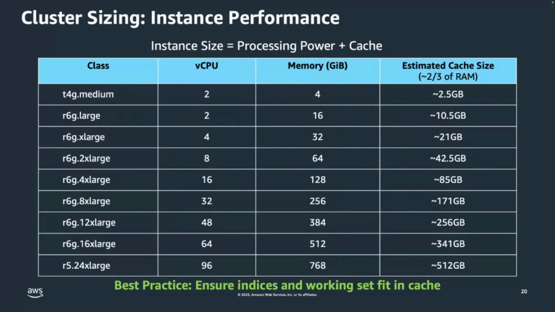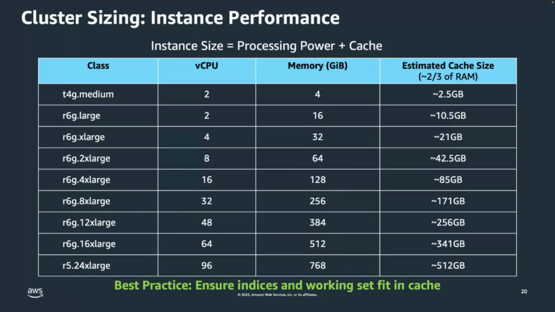The vCPU, or the compute capacity, and the memory of the instance determine performance. There are many instance types available in DocumentDB, ranging from 2 vCPU and 4 GB of memory all the way up to 96 vCPU and 768 GB of memory. The best practice is to ensure both indexes and frequently accessed data fit in memory.